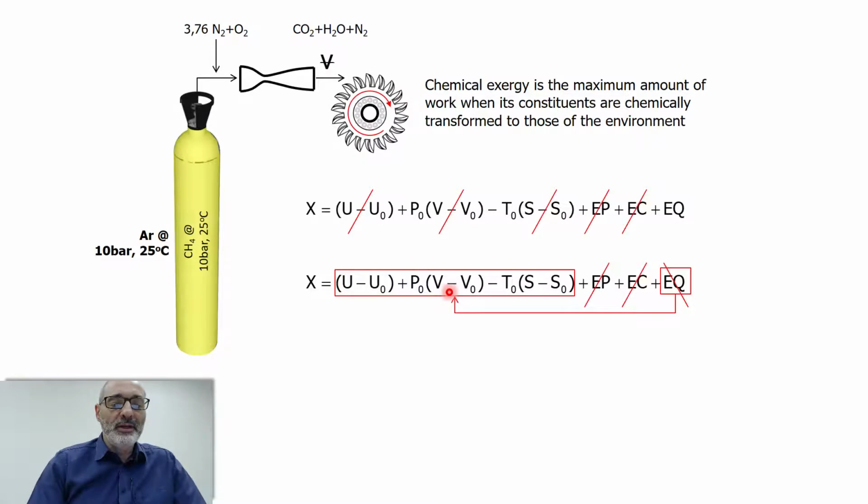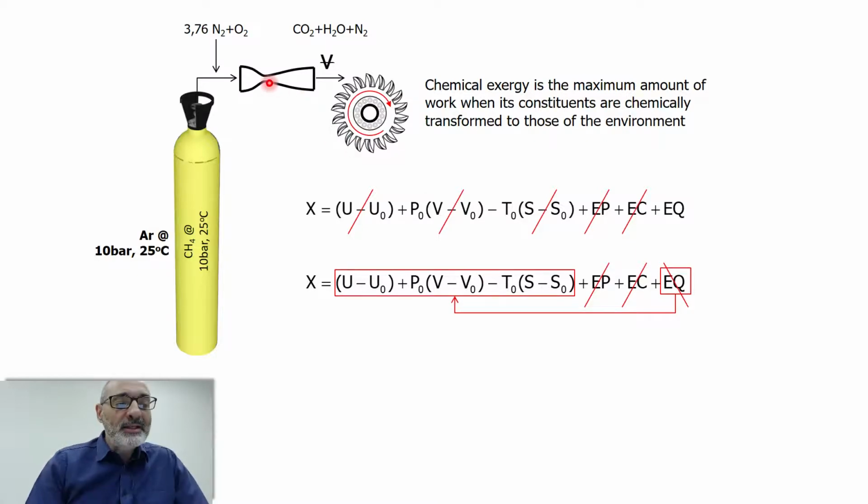Why is that? Because temperature is going to be different inside the combustion chamber. Pressure is going to be different, so the volume is going to be different, internal energy and entropy. So these components are different than 0 now. Chemical exergy was transformed to thermodynamic exergy.